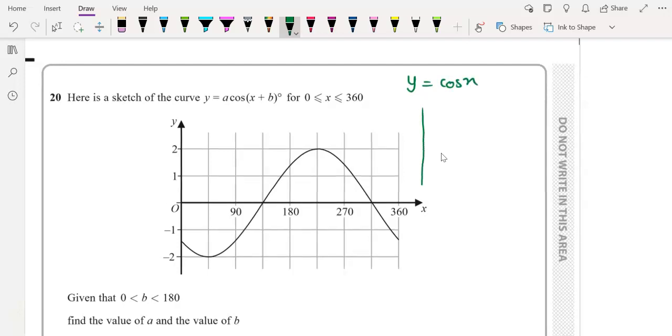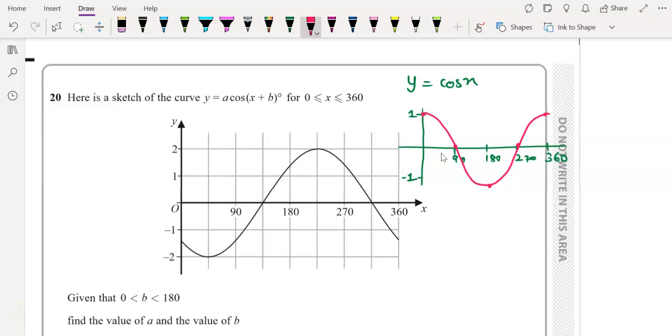So cosine x curve, so this is 90, 180, 270 and 360. Max is 1 and minimum is -1. So the curve is at x equal to 0, it is 1, then line, then down, then line, then up. Join this, you get your curve for cosine of x.